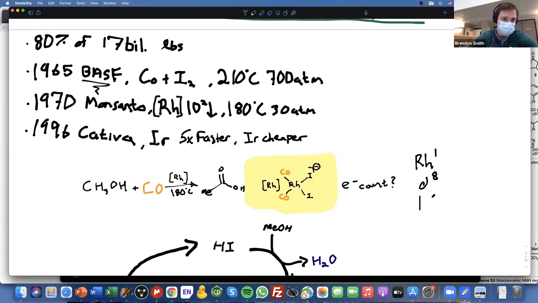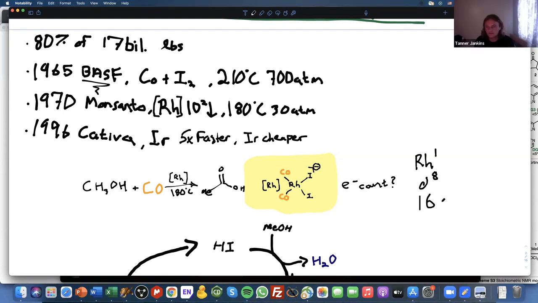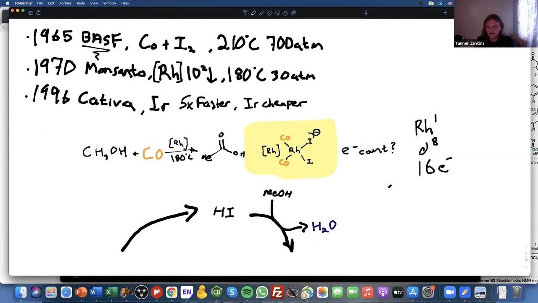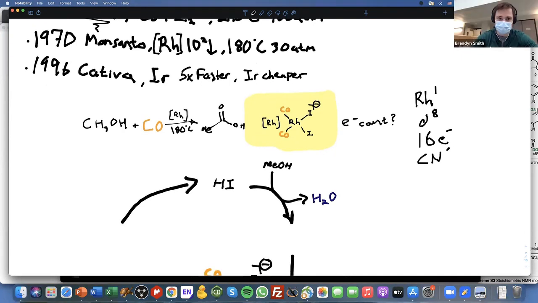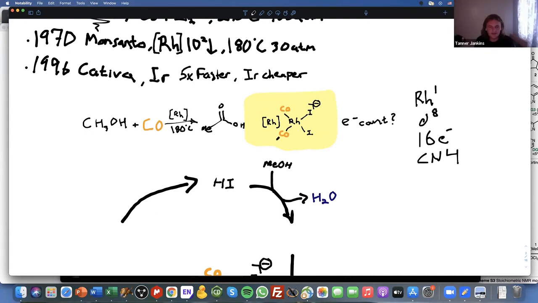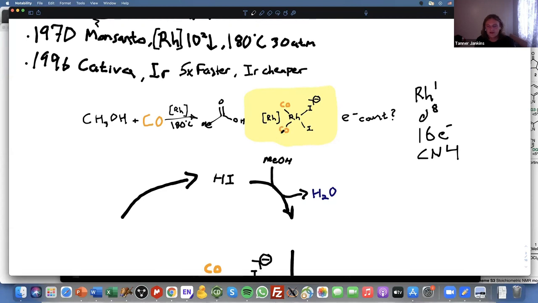So does that count? So it's either 16 or 18. These types of square planar rhodium 1 species form 16 electron complexes. But yeah, okay, and the coordination number here, I sort of just gave it away. It's 4. 4, perfect.